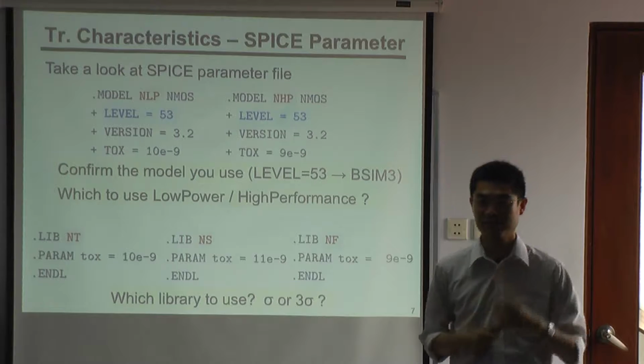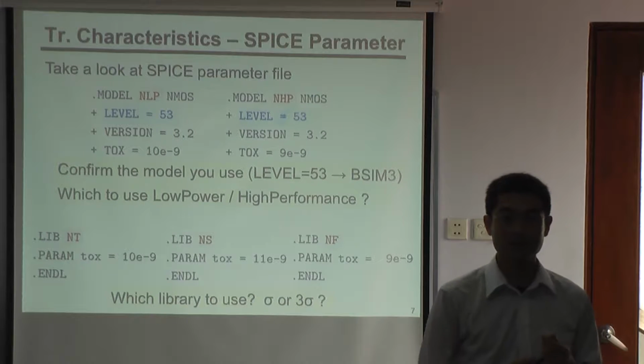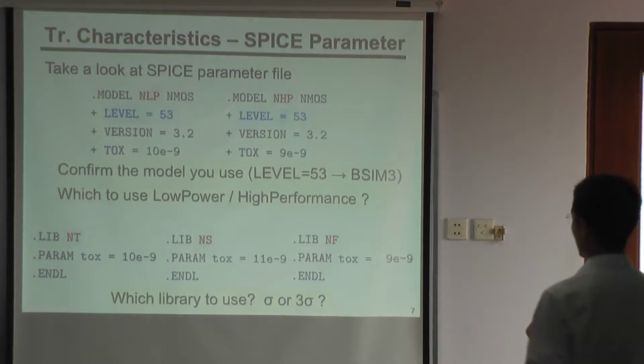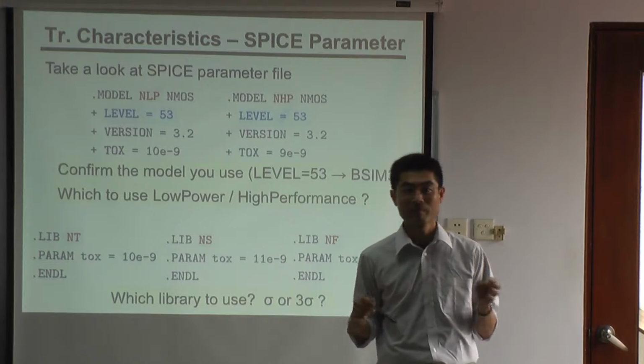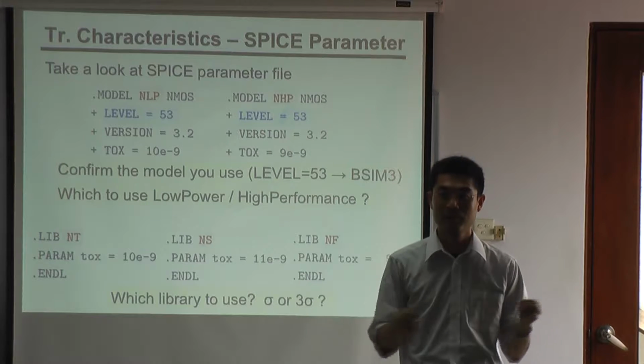Can you explain in more detail about sigma or 3 sigma? Sigma and 3 sigma mean this is a random distribution. So randomness, variations.